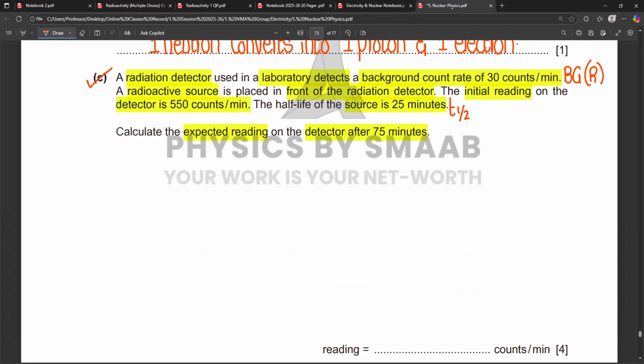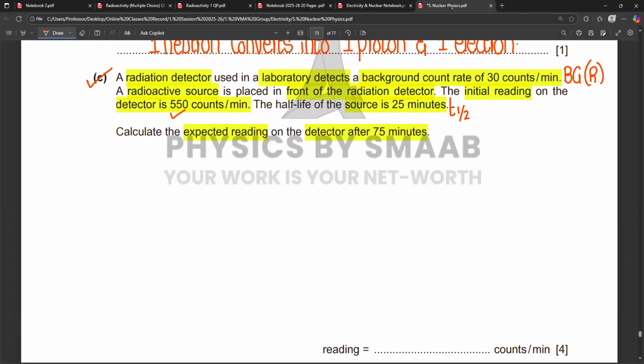And when you place the radioactive source in front of the radiation detector, the initial reading on the detector is 550. This is the initial value, and it includes the value of the radioactive sample plus the background radiation, correct? So first of all, we have to correct this value for the background radiation.